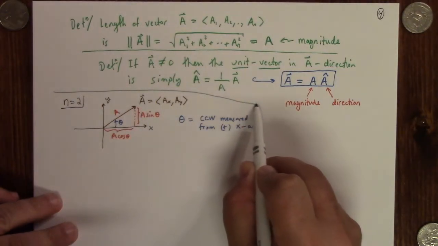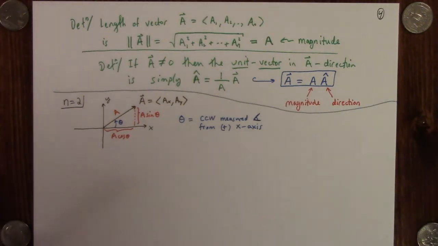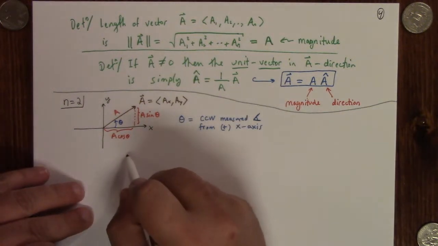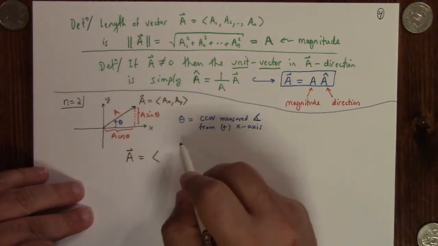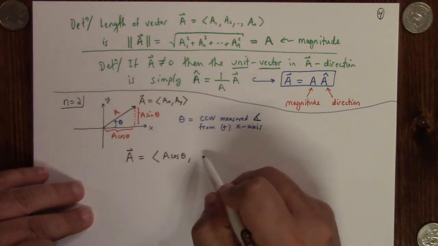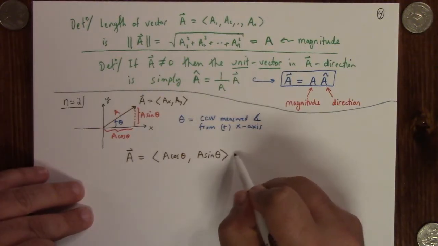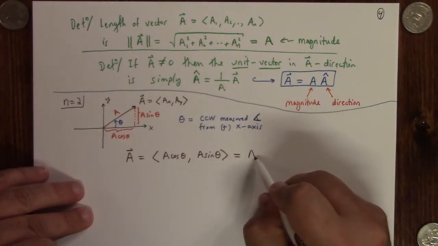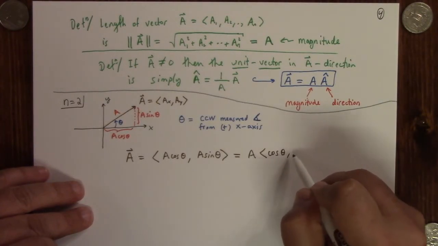There's always an interplay going on between algebra and geometry. We need both. The synthesis of these two is analytic geometry, which is the thing we're studying right now. So AX is A cosine theta, and AY is A sine theta. So we can factor that A out by a scalar multiplication, and we've got cosine theta, sine theta.